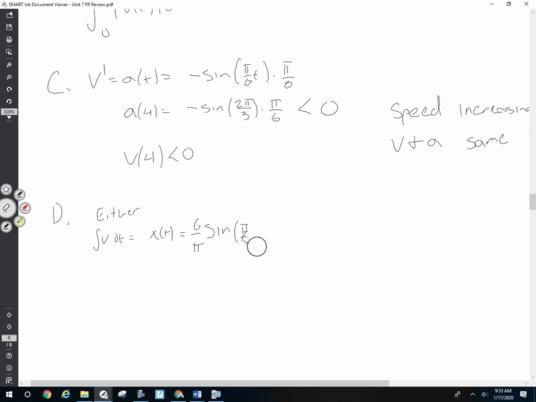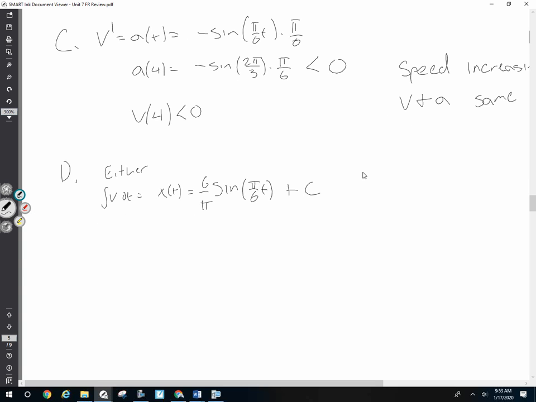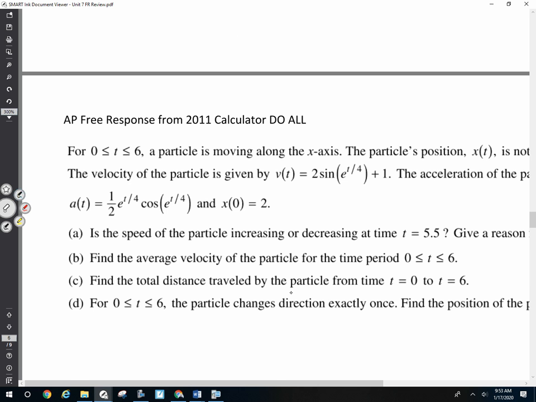That's tricky, but we've done a lot of these before, so we should be comfortable with it. Plus a c, and you want to find that x of 0 is -2. So I get 6 over pi times sine of 0 plus c is -2. So c is just -2. So you get x of t is equal to 6 over pi sine pi over 6t minus 2.